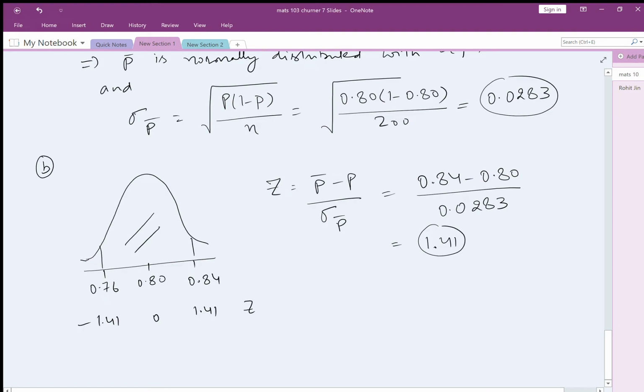But if you go back to the z tables and look for a negative score of 1.41, you would find that the area to the left is 0.0793, and so this is also 0.0793.